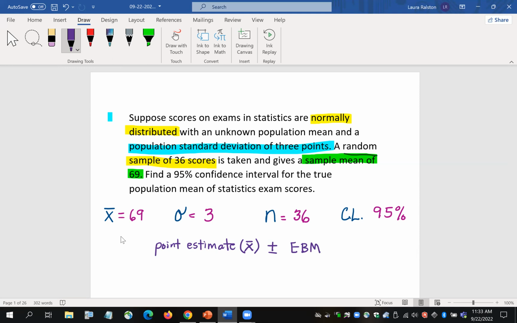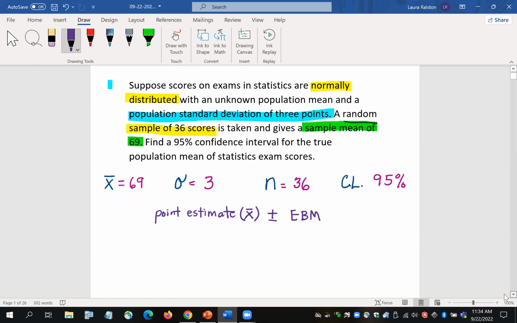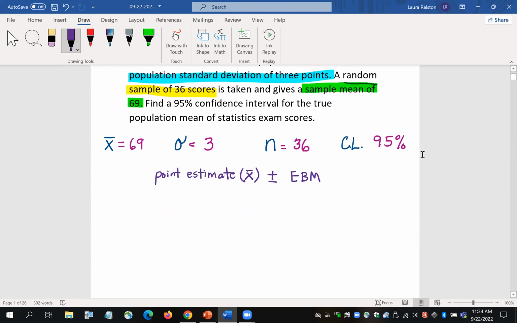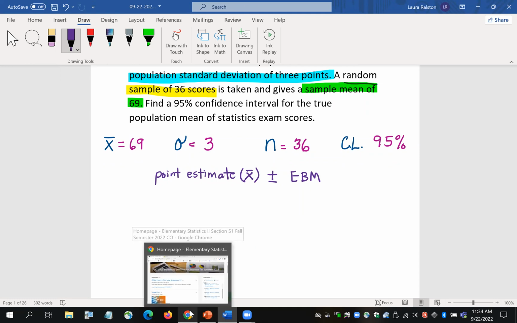That margin of error takes into consideration your standard deviation adjusted for the sample size and the confidence level. I could show it to you by hand, but there's really no need because Minitab is going to do all the work for us. So once I've identified all of the information, I'm going to go out to Minitab.